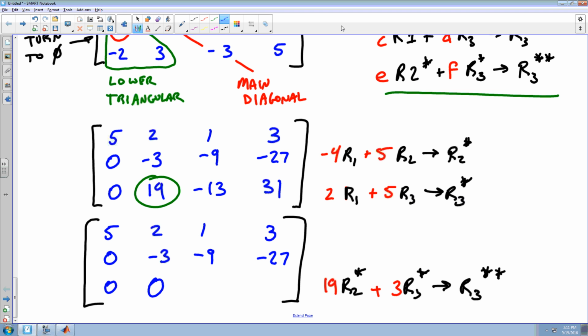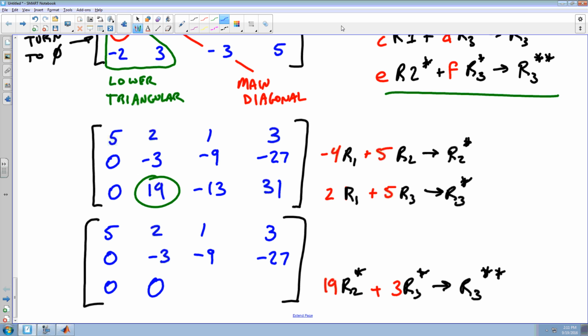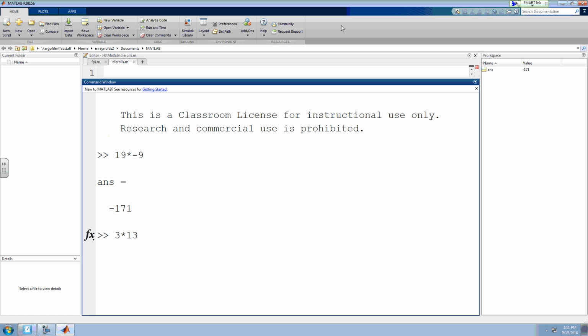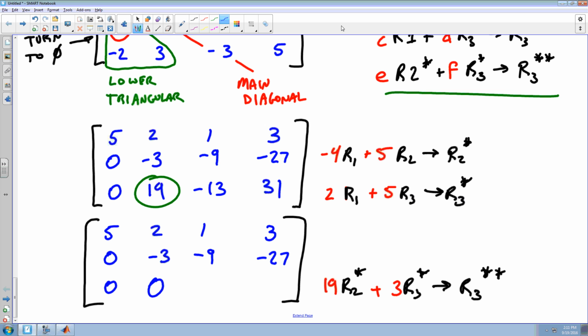And then it's going to be plus 3 times minus 13. 3 times negative 13. Okay, so it's minus 171, minus 39, I think. I think you get minus 210 if you do the math.